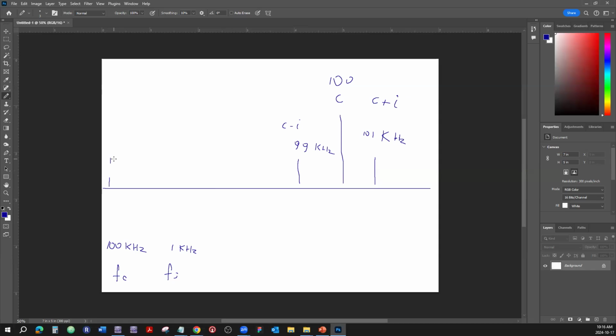And that's the 1 kilohertz. It's still there, it's just that our FFT function on the scope was not displaying it. So when we combine two frequencies, we get 4 things.